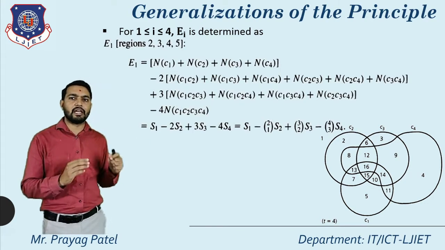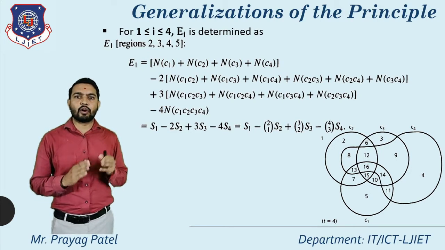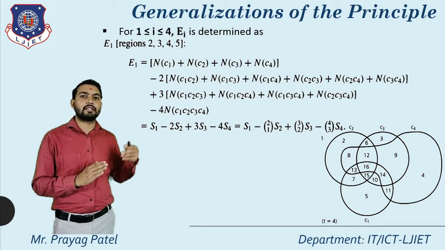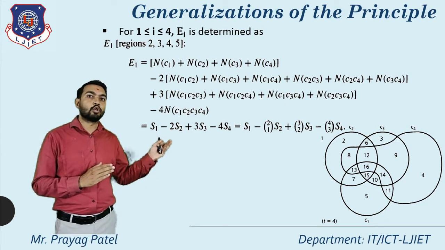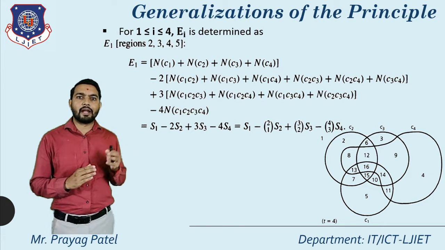Now first we find E1. E1 means only one condition will be satisfied. Then what is the region number? So here the region numbers are 2, 3, 4 and 5.